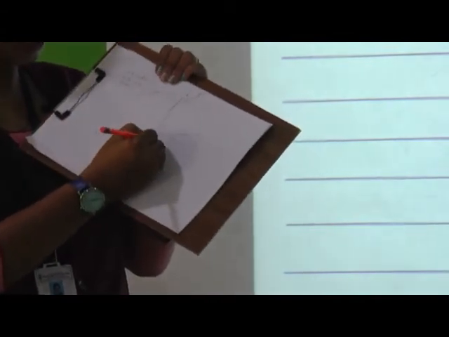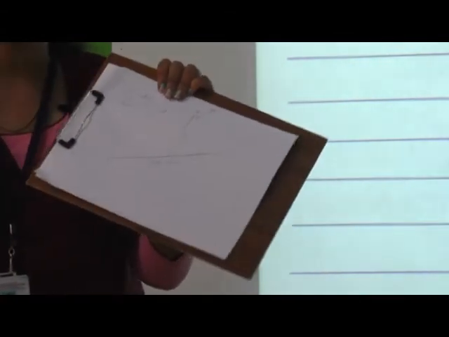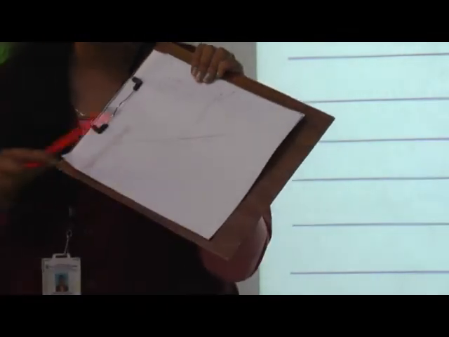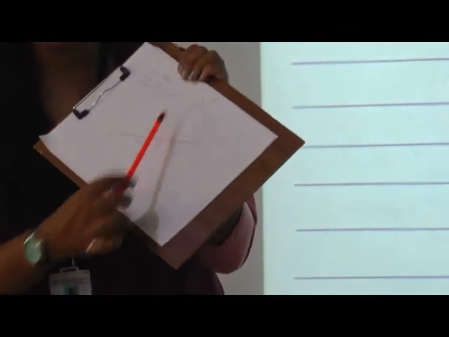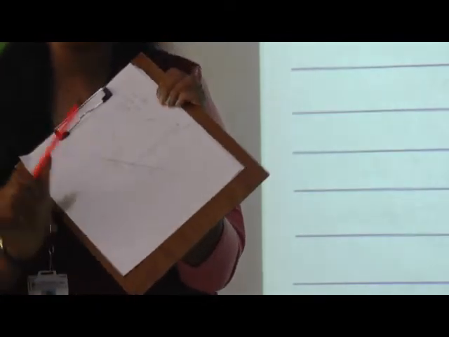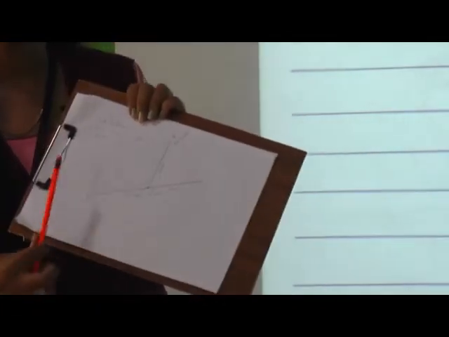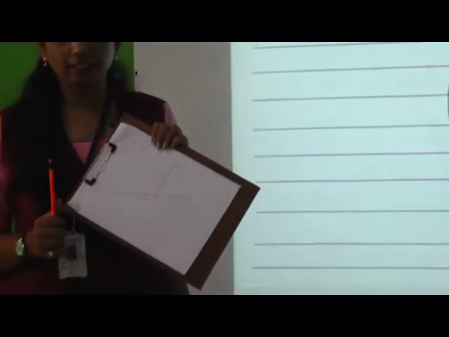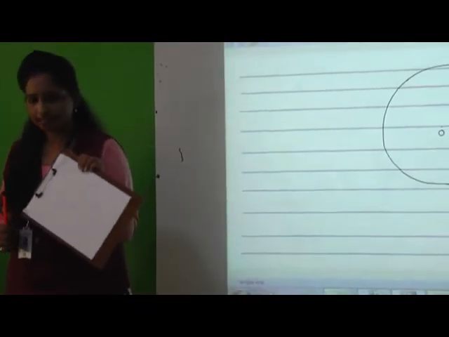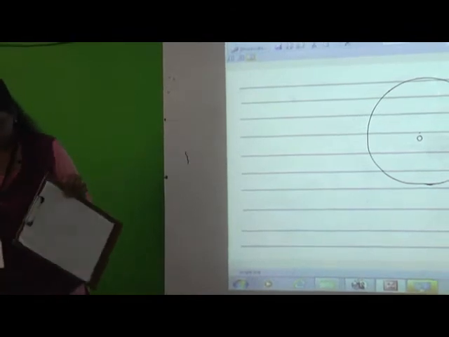So how much is it? 6 centimeter. The diameter of the circle is 6 centimeter. The radius of the circle is 3 centimeter. Got it? In this way you have to draw and practice it. Clear till here? Yes? Very good.